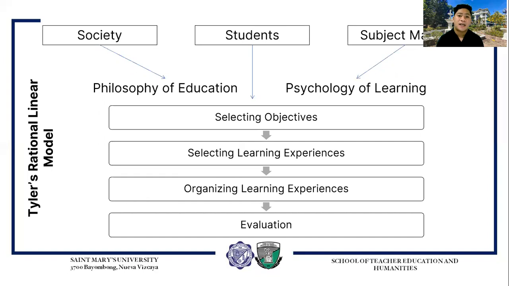At the same time, Tyler recognizes that we need to look into our philosophy of education and psychology of learning to screen very well the objectives that we will include in our curriculum. From those foundations, the curriculum developers can start with selecting objectives, second, selecting learning experiences, third, organizing learning experiences, and lastly, evaluation. It's very simple and very easy to follow.